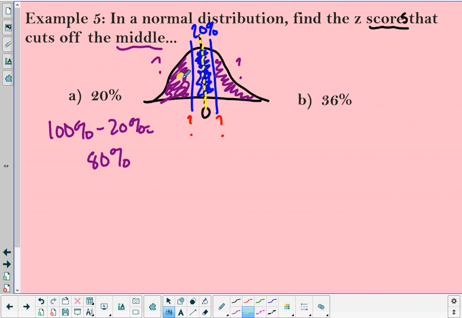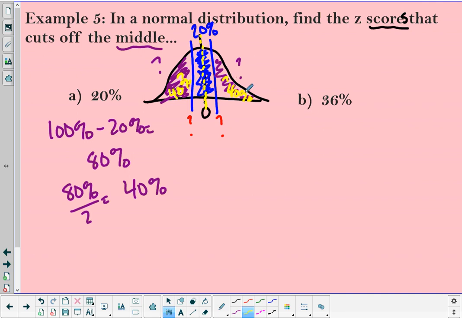So what you see on this side matches what's over here. I can take that 80% and divide it by 2, and you get 40%. So that means this piece right here is 40%. This piece right here is also 40%. Makes sense.